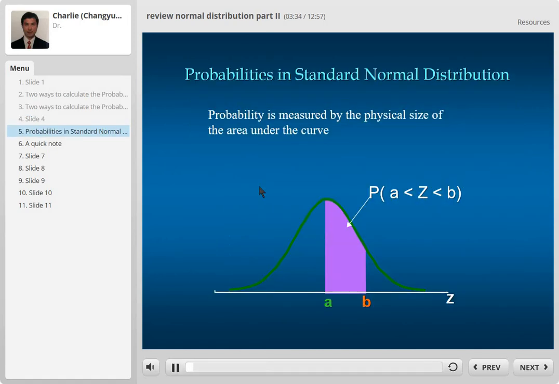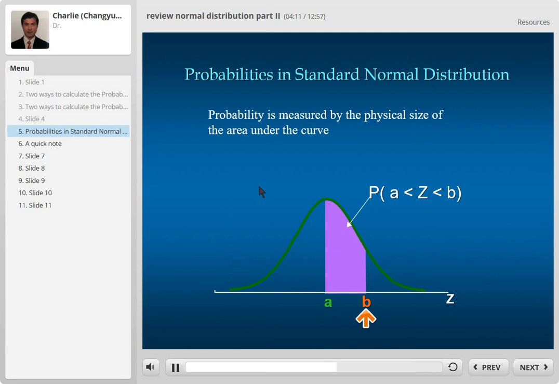Now let's work on the probabilities of a standard normal distribution. We work on the probability of Z bigger than A, smaller than B. Visually, here is the normal distribution, and we'll have A here and B here.